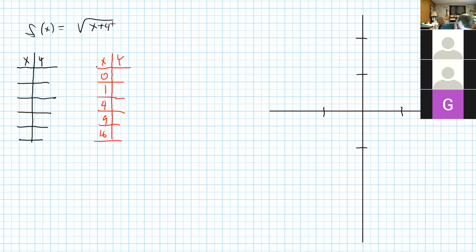I've got the square root of x plus 4. So I want x plus 4, that total quantity, to be a perfect square. I want x plus 4 to equal 0, x plus 4 to equal 1, x plus 4 to equal 4, x plus 4 to equal 9.